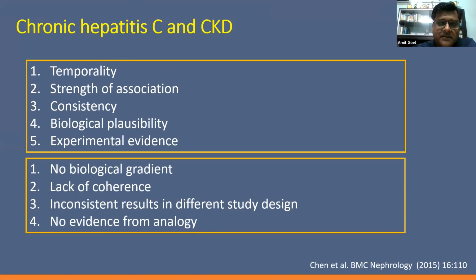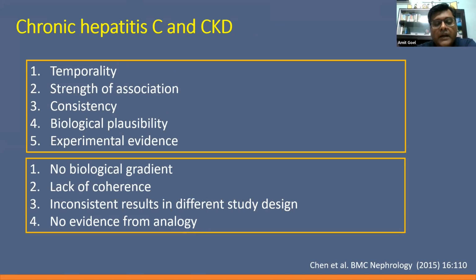So if we again reiterate our Bradford Hill criteria, we have data to support temporality, strength of association seems to be reasonably good, we have consistent results, biological plausibility is there, and we have evidence from experimental design, but we don't have any data in relation to biological gradient, which was there for HBV.